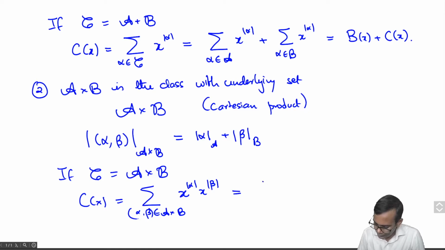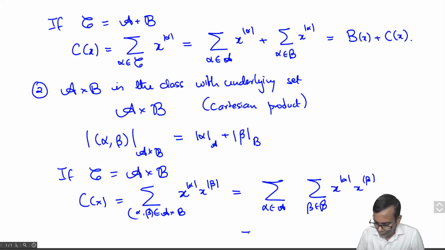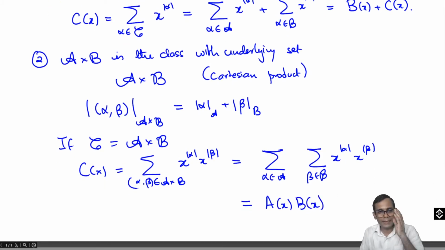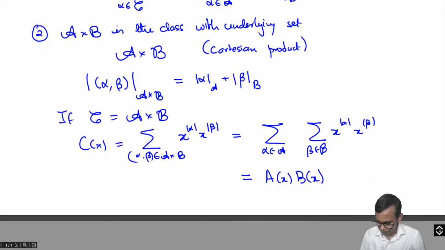And I can then write this as a double sum, alpha belongs to A, summation beta belongs to B, x to the power size of alpha times x to the power size of beta, and that is nothing but A(x) times B(x). And so the ordinary generating function of the product of classes is the product of their ordinary generating functions.